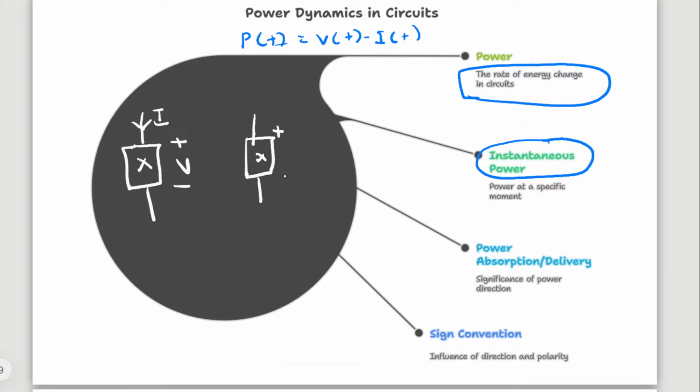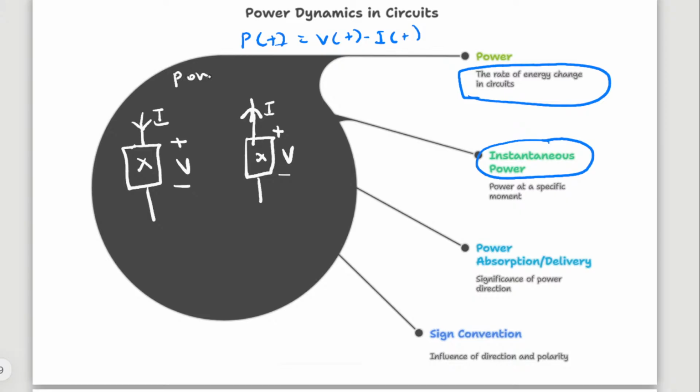In this case, the voltage direction is the same, but the current direction is opposite. Now, let's consider the power here. This is a very important concept.